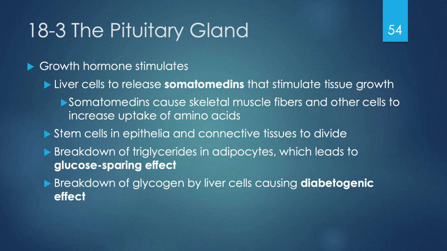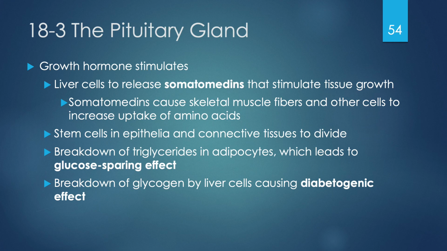And the breakdown of glycogen in liver cells will cause something called a diabetogenic effect, which is basically when we increase the blood glucose concentration much higher than it should be beyond normal. So in this case, this is something worth noting clinically. People who sometimes take things such as steroids for purposes of becoming bulky and muscular, this can include growth hormone taken as an extrinsic drug for recreational purposes.